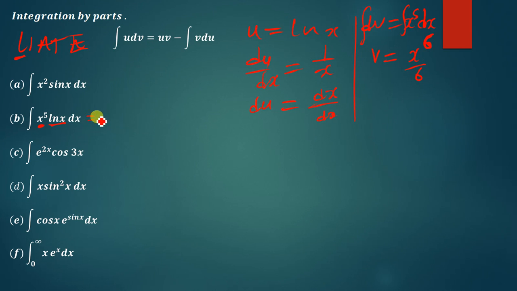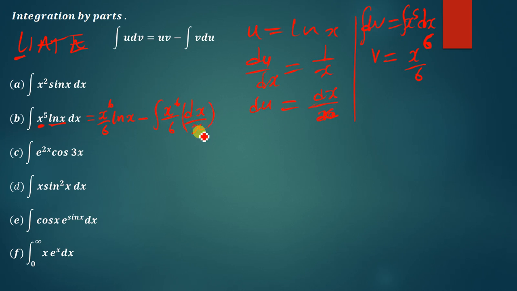So my u is equal to ln x, then I'm multiplying it with v. v is x to the power 6 over 6 ln x, then we say minus the integral of v is x to the power 6 over 6, then du is dx over x.